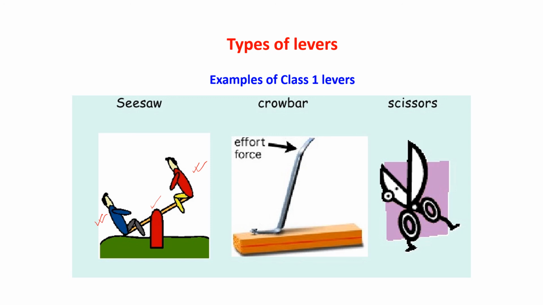Okay. This is the fulcrum. This point is the load and this is your effort point. This is the fulcrum. Now here also this is your fulcrum. This is your load, this side, and this side will be your effort.